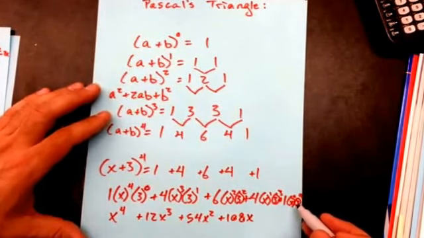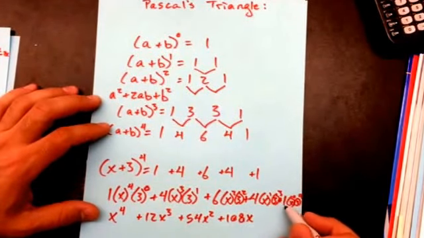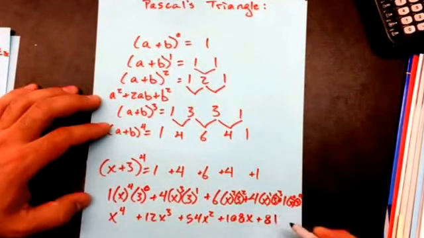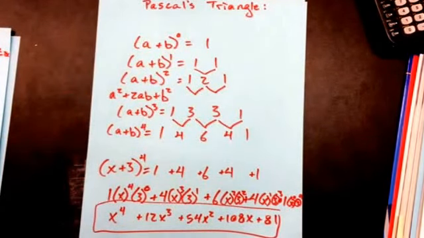And then 3 to the power of 4 is going to be 81, times 1 is still 81, and x to the 0 is also 1, so times 1 again is still 81. So this is your final answer, and that's doing it without doing the expansion.